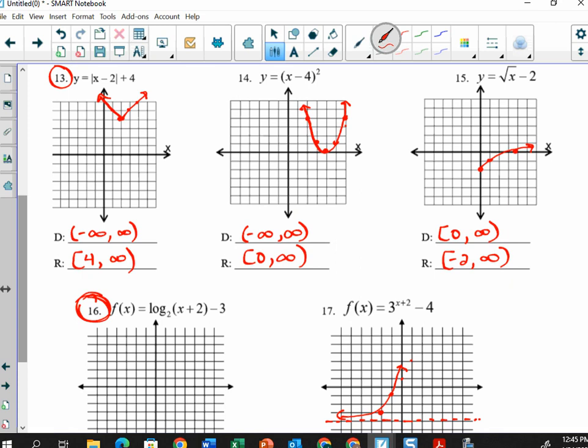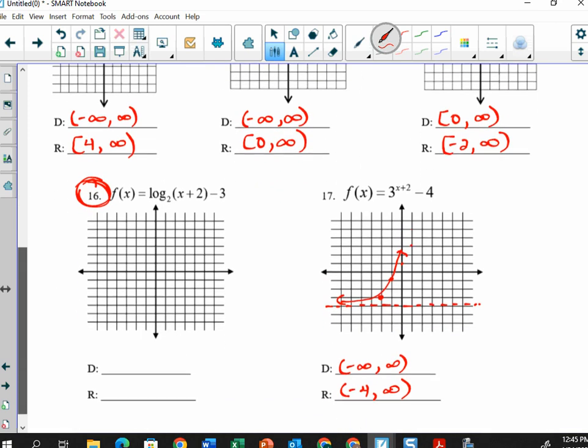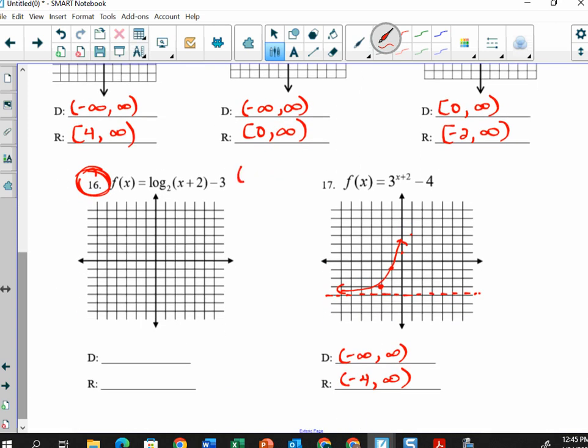All right, 16. Guys, what are the 2 points I would start with on my parent graph? 1, 0 and, in this case, 2, 1. So I'm just going to put little dots there. 1, 0, 2, 1. Where am I going then? Left 2, down 3.